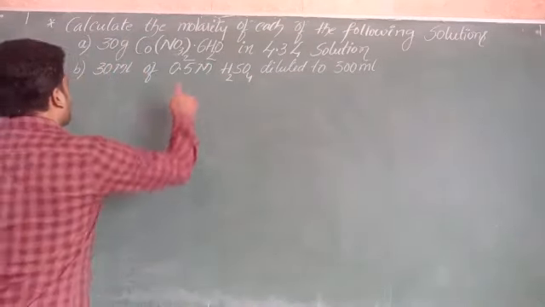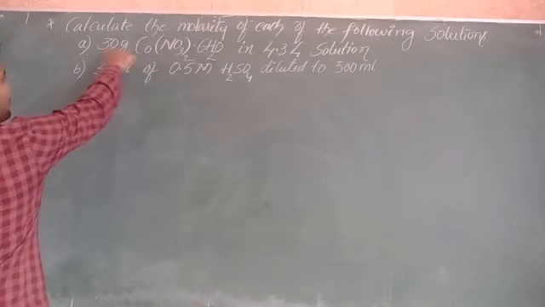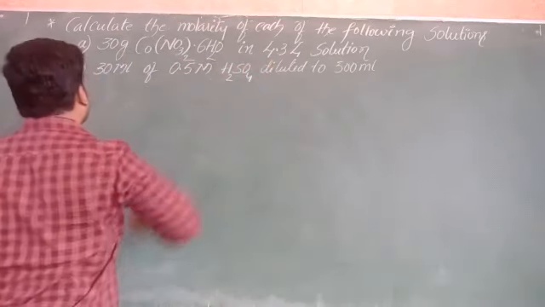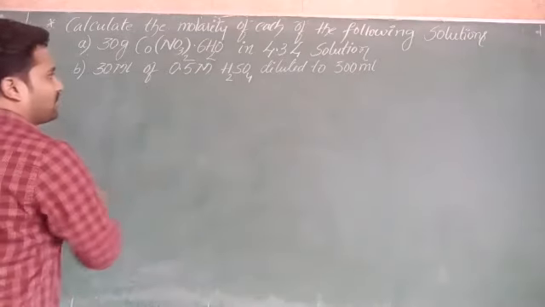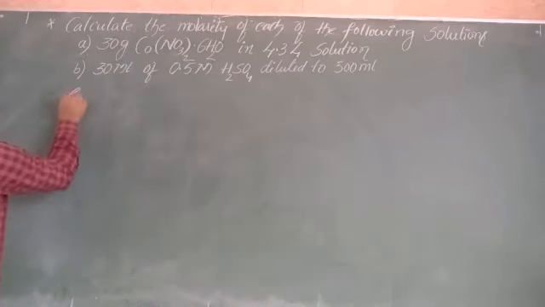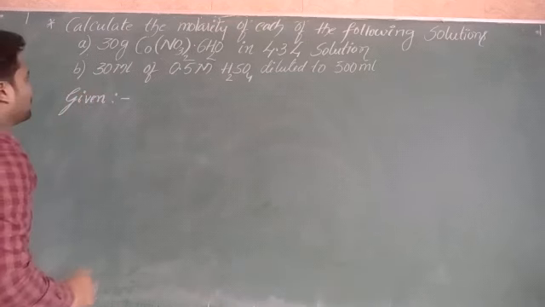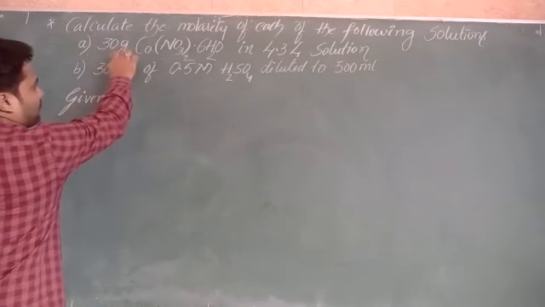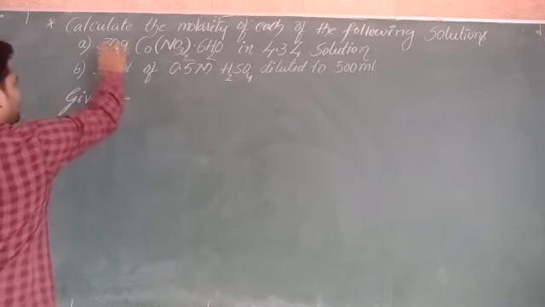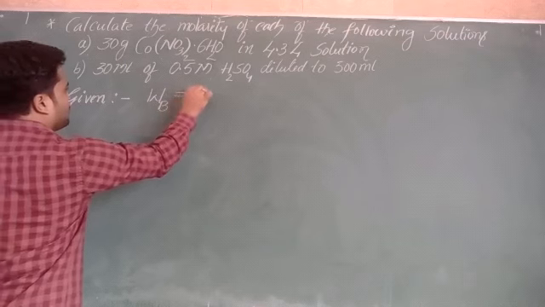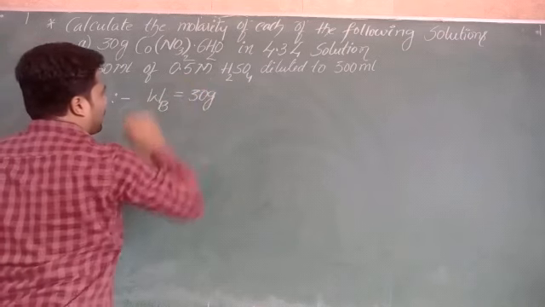Let's see the first one, that is A, 30 gram of cobalt nitrate hexahydrate in 4.3 liter solution. Before going to solve this problem, let's write given of this question, that is 30 gram in 4.3 liter. This 30 gram is WB, so WB is equal to 30 gram.